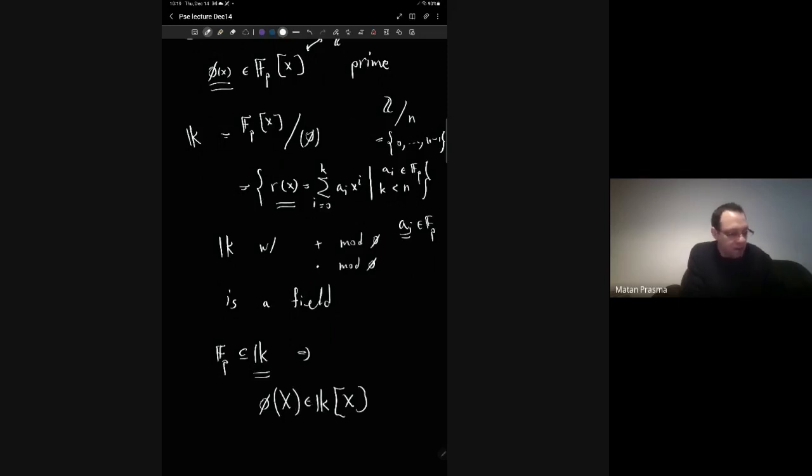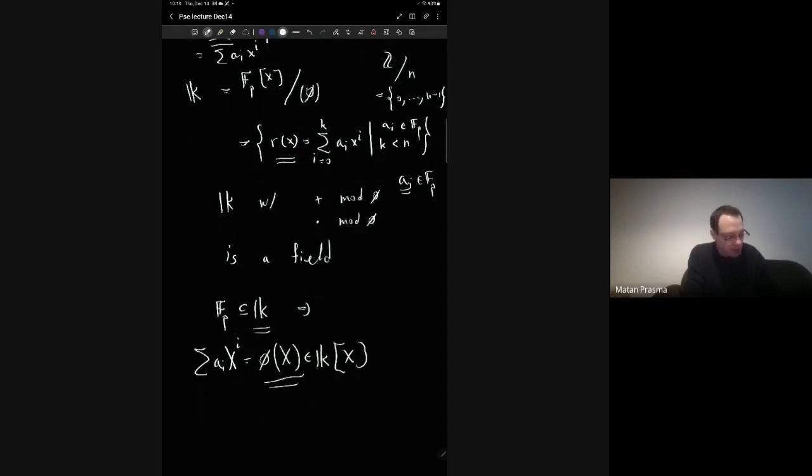Because phi is some sum a_i x^i, then this phi will be the same, the sum of a_i, but now the variable changed to capital X. And what we saw is that in this setup, phi suddenly has a root in K. So if it has a root, this means that it splits as (X minus alpha) times some other polynomial, let's call it psi.